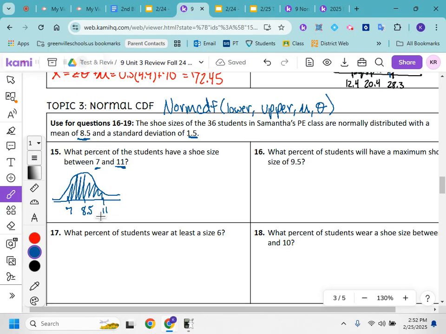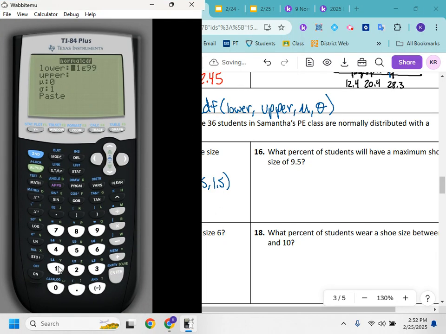So normal CDF, my lower is 7, my upper is 11, my mean is 8.5, and my standard deviation is 1.5.